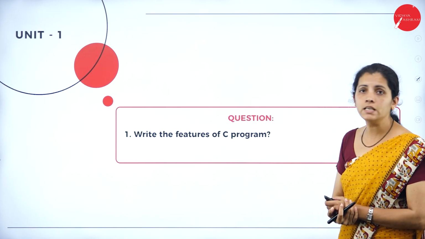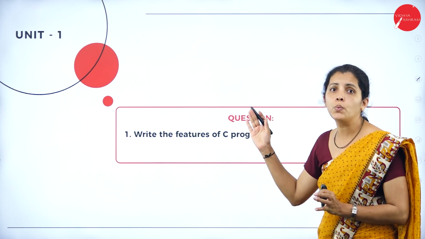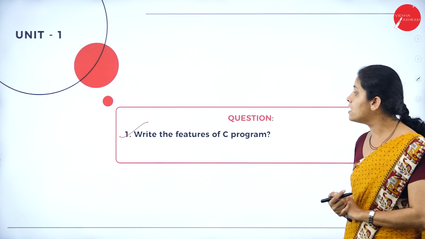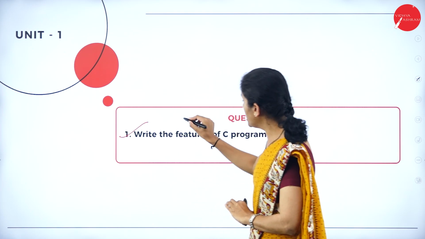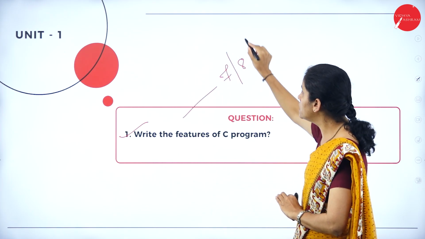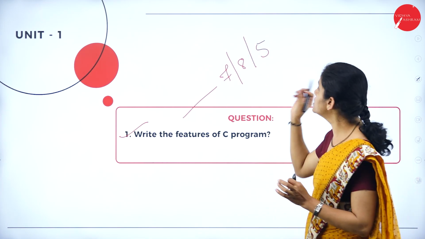Now, if I consider unit 1, the first very expected question here is: write the features of C program. You can expect this question for 7 or 8, even for 5 marks. Why 5 marks?